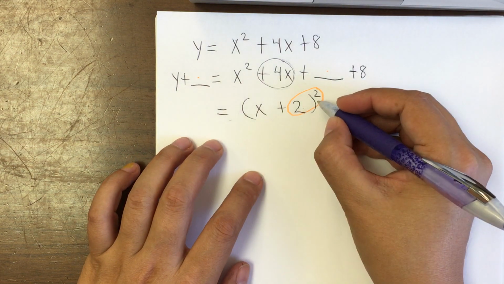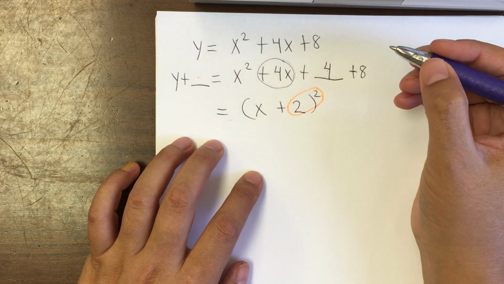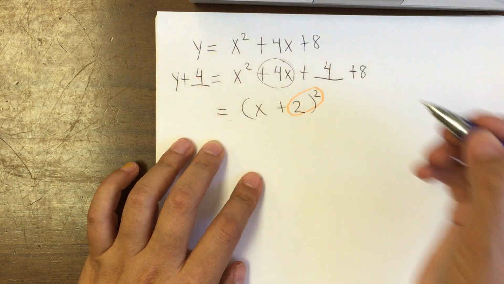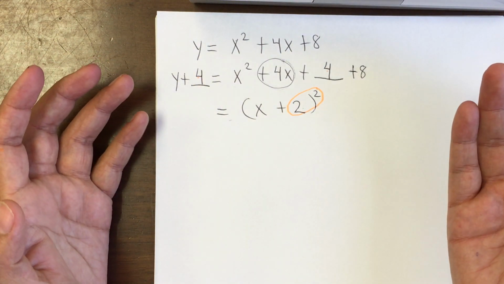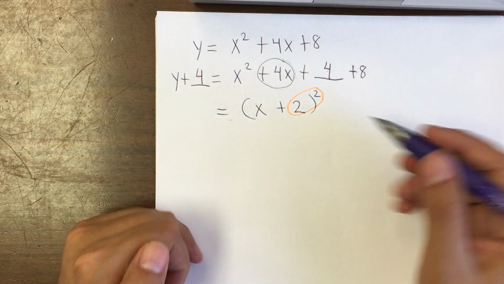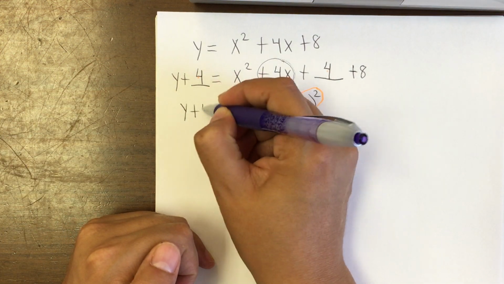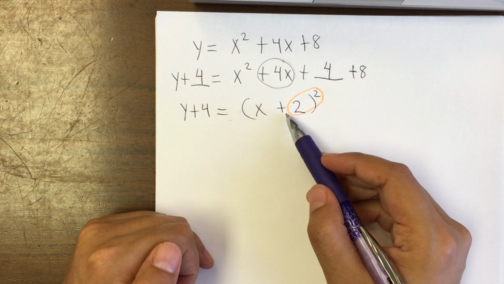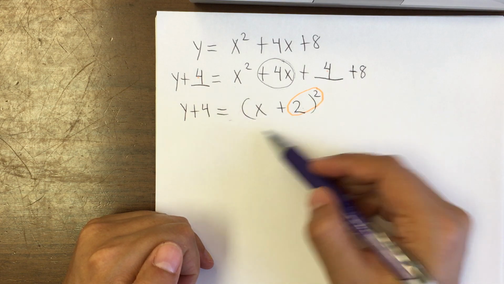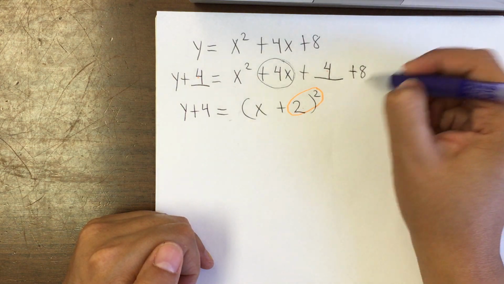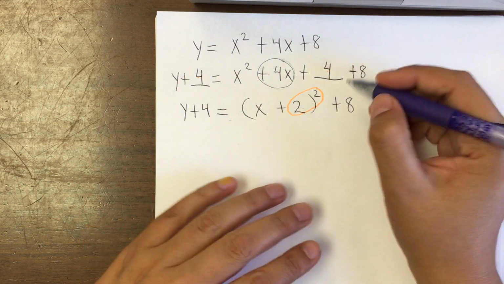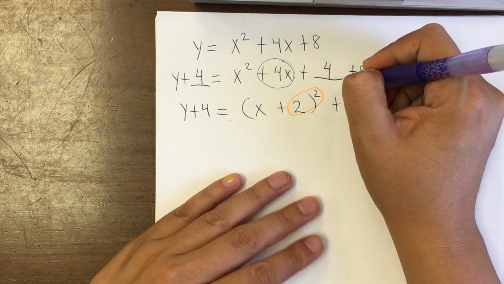So it's going to be 2 times 2 is 4. And I add it on both sides to maintain that balance, that equality. And so I'm going to have y plus 4 is equal to x plus 2 all to the second power plus the 8. Remember that that 8 is still there, okay?